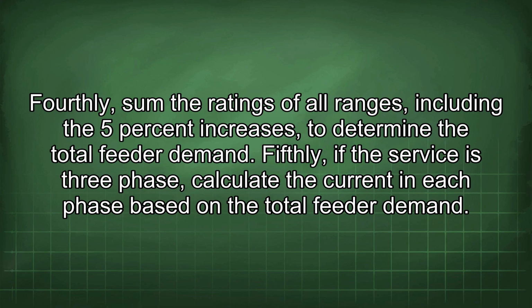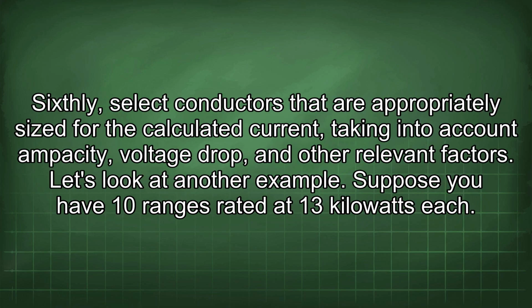Fourthly, sum the ratings of all ranges, including the 5% increases, to determine the total feeder demand. Fifthly, if the service is three-phase, calculate the current in each phase based on the total feeder demand. Sixthly, select conductors that are appropriately sized for the calculated current, taking into account ampacity, voltage drop, and other relevant factors.